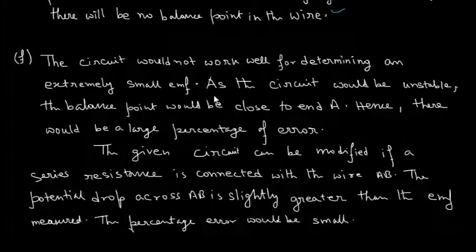The solution: the circuit would not work well for determining an extremely small EMF, as the circuit would be unstable. The balance point would be close to end A. Hence, there would be a large percentage of error.